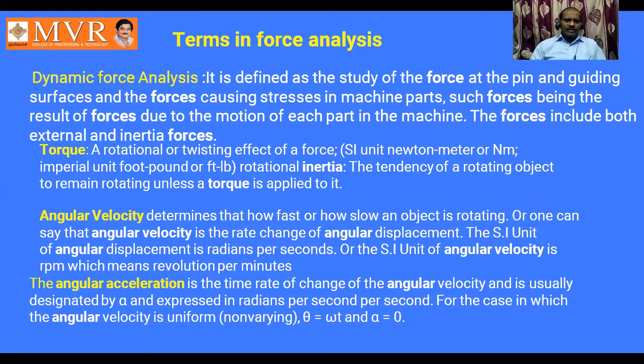The SI unit of angular velocity is radians per second, or RPM, which means revolutions per minute. Next, angular acceleration is the time rate of change of angular velocity and is usually designated by alpha and expressed in radians per second squared. For the case in which the angular velocity is uniform, not varying, theta is equal to omega t and alpha is equal to 0. So these are the basic definitions they have mentioned in the syllabus.